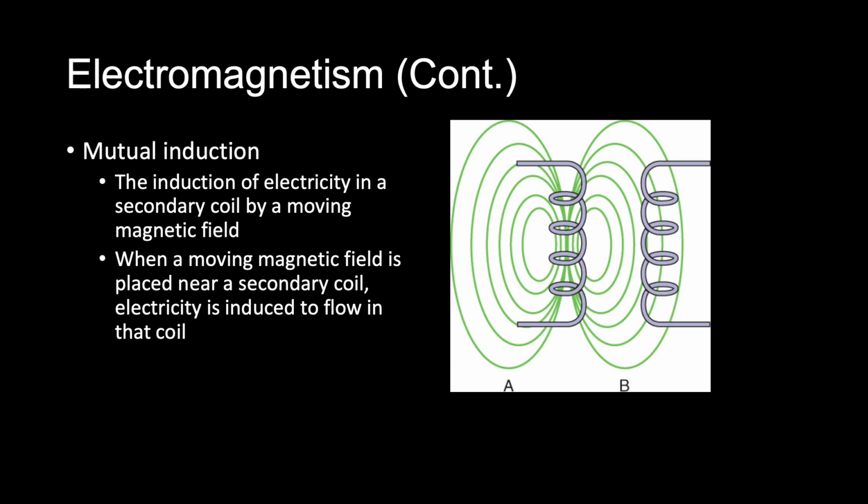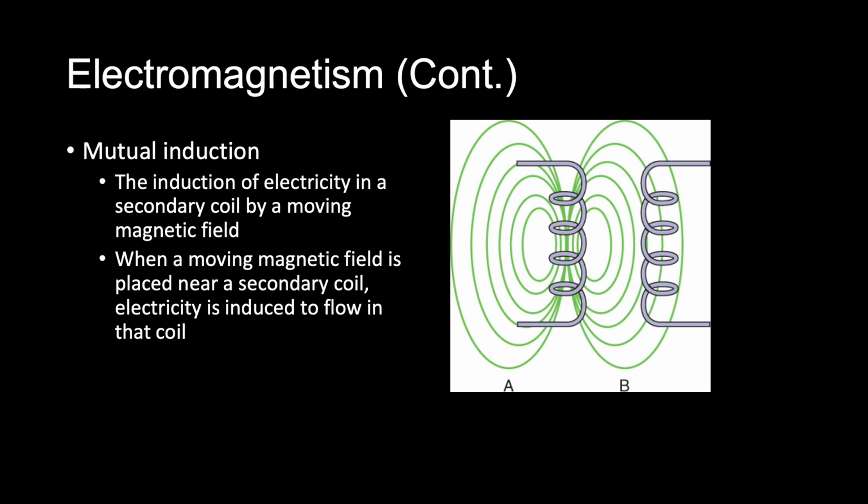So the previous field collapses and a new one expands, then the current changes direction again and the process starts all over. When this moving magnetic field is placed near a secondary coil, the coil shown here to the right in the picture, electricity is induced to flow in that coil.